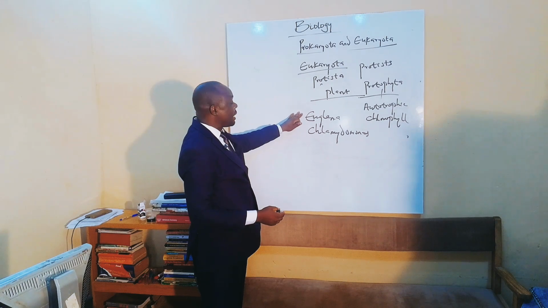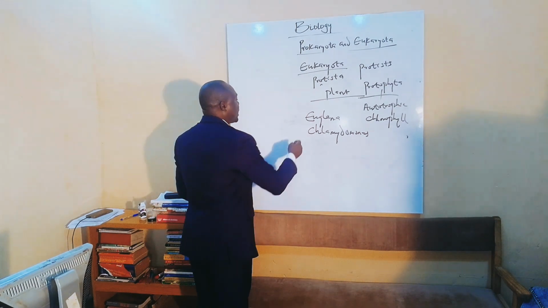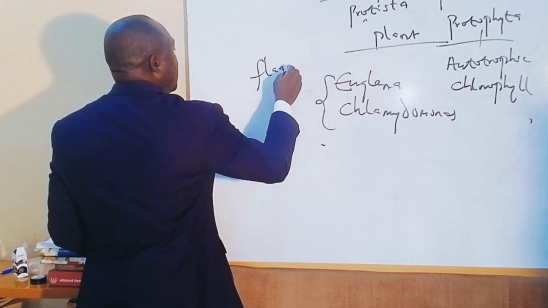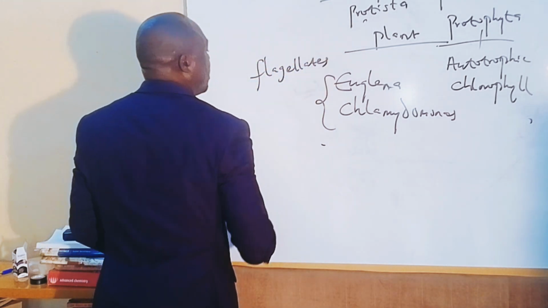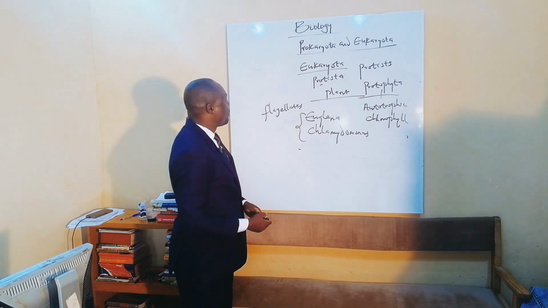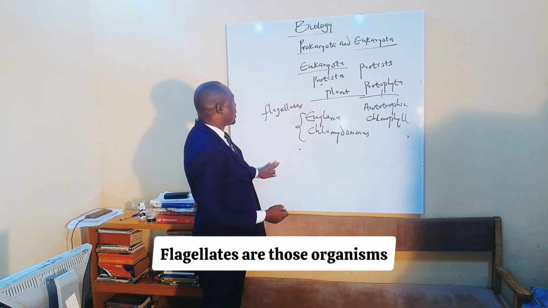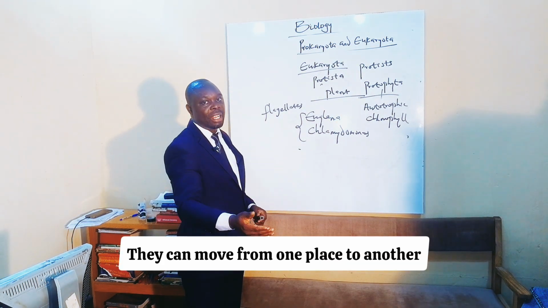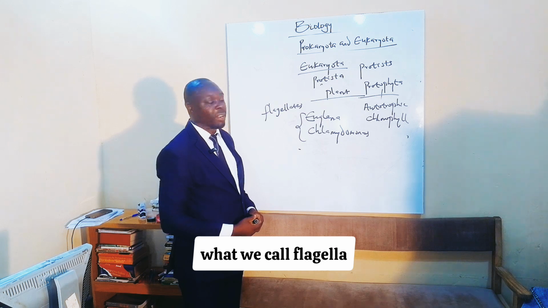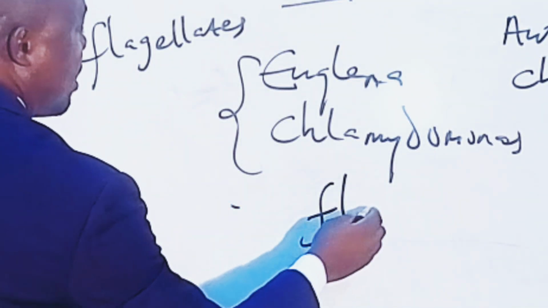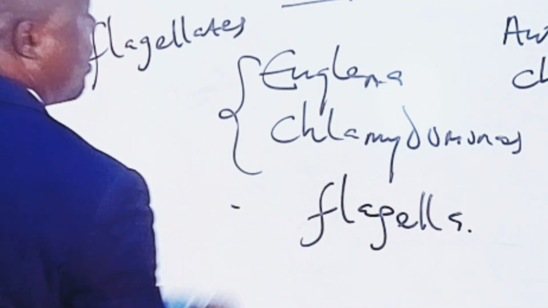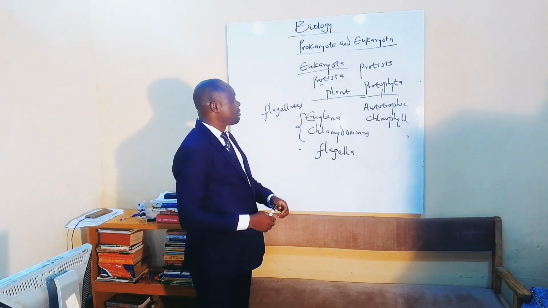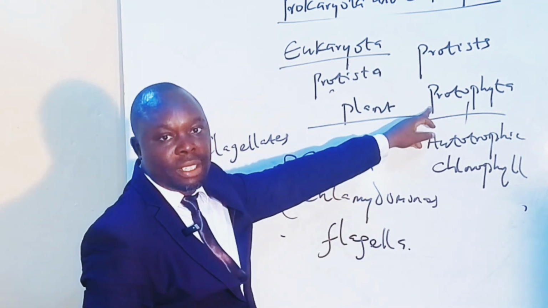The Euglena and Chlamydomonas are flagellates. Flagellates are those organisms that are motile. They can move from one place to another because they have what we call flagella. That is for the protophyta.